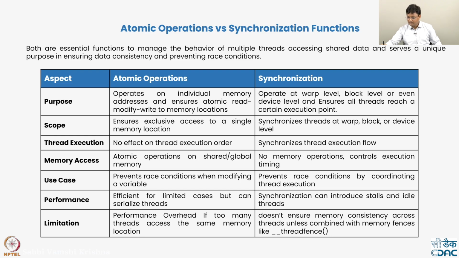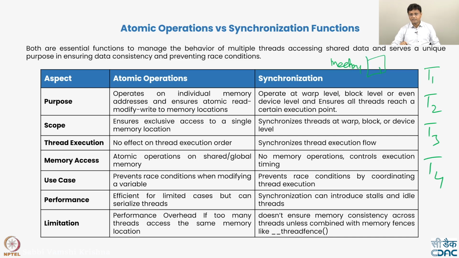Suppose on the same floor team 1 is there, team 2 is there, team 3 is there, team 4 is there, and my meeting room is only one room. At a time any one of these 4 teams can be in it. In the case of atomic, if the room is occupied by team 1, the other teams T2, T3 and T4 cannot use that meeting room until it is freed by team 1.